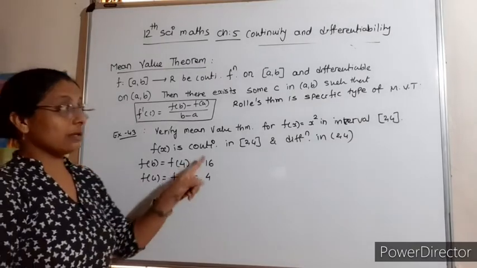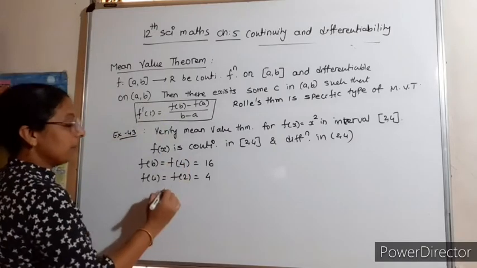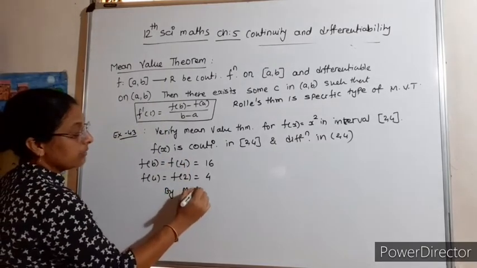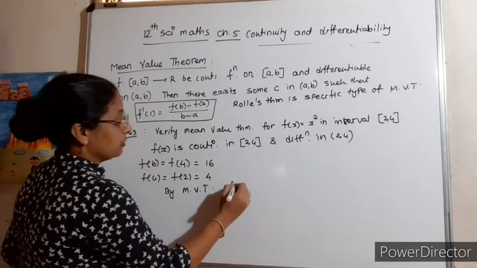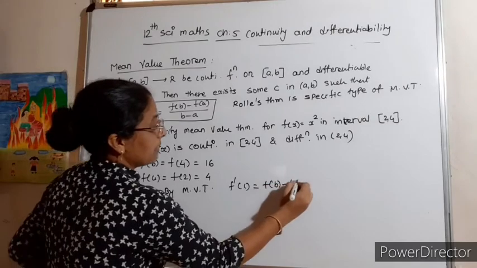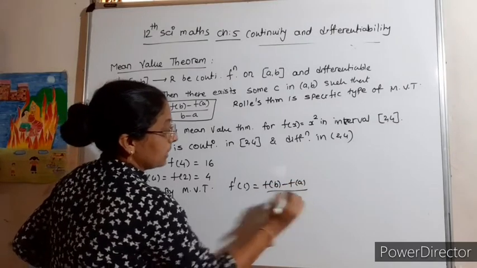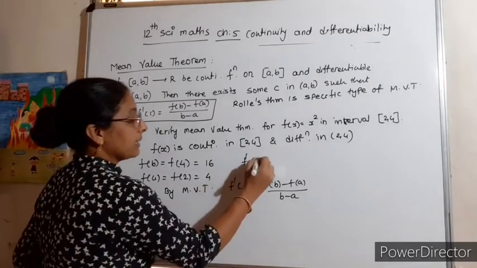Whenever this is equal, then it is Rolle's theorem. But if it is not equal, then we will take the mean value theorem. MVT: f dash c is equal to f of b minus f of a upon b minus a. That is the formula. So first of all, we will find f dash x.